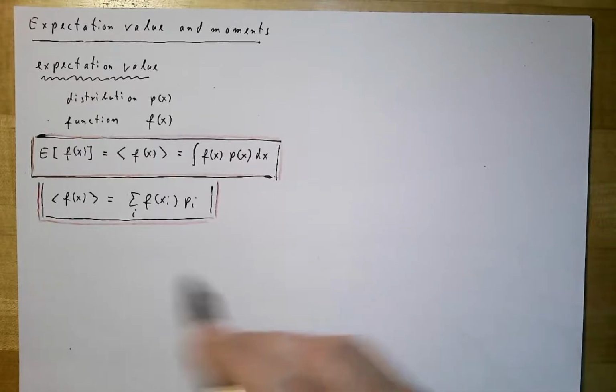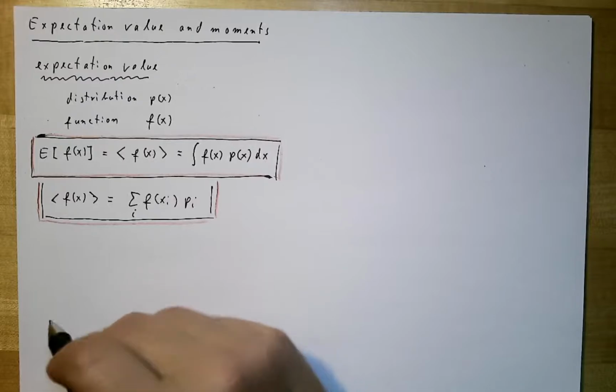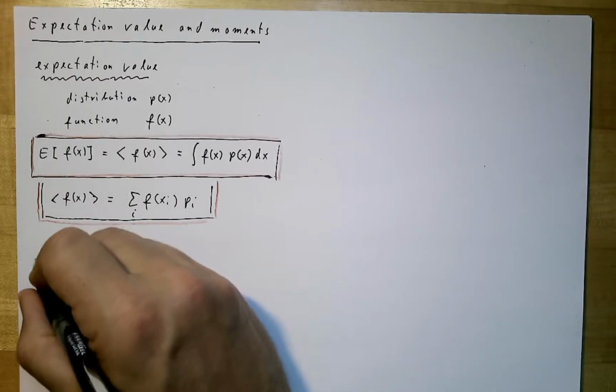Okay, so what can we do with this expectation value? First we can see some properties. The expectation value is linear.